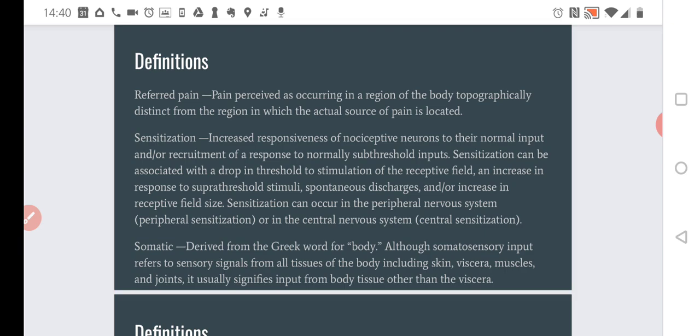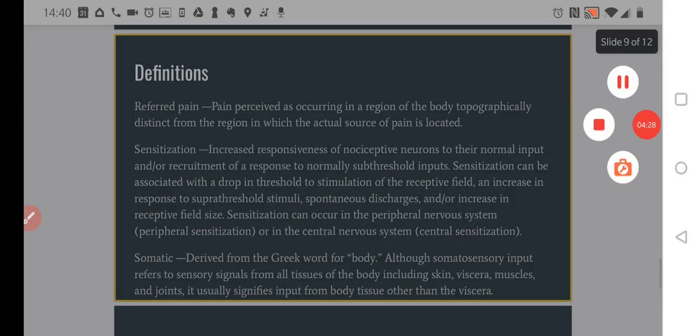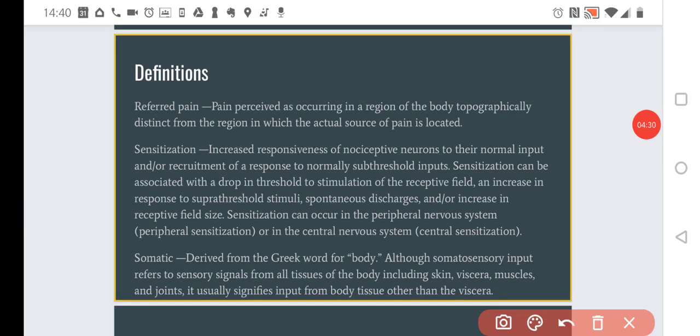Okay. So it may also be related to an increase in response to the suprathreshold stimuli. So suprathreshold stimuli is the stimuli that is stronger than our threshold. Yes, so it's natural that there would be a feeling of pain if the stimuli is suprathreshold.